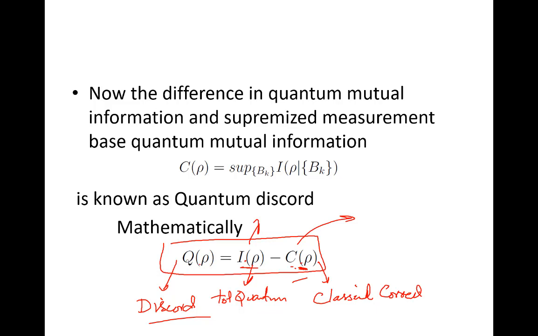That is why this difference is called the degree of quantumness. You are extracting the classical information from the total information, so you are left with the quantum information. So this quantum information or the quantum correlation is called quantum discord. So the degree of quantumness is inherent in Q of rho. This is called quantum discord, and this formula is for asymmetric quantum discord, since you have only made a measurement on B party.